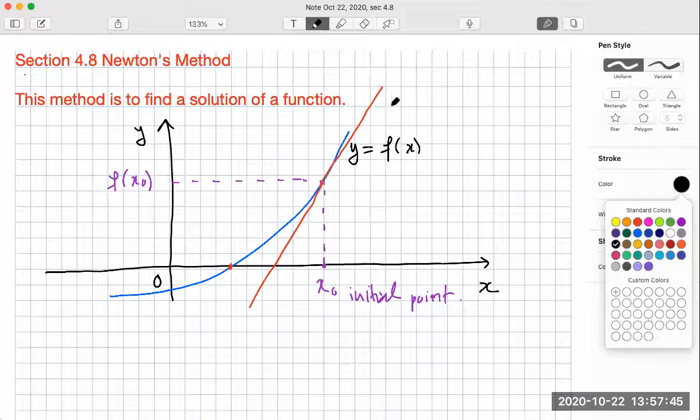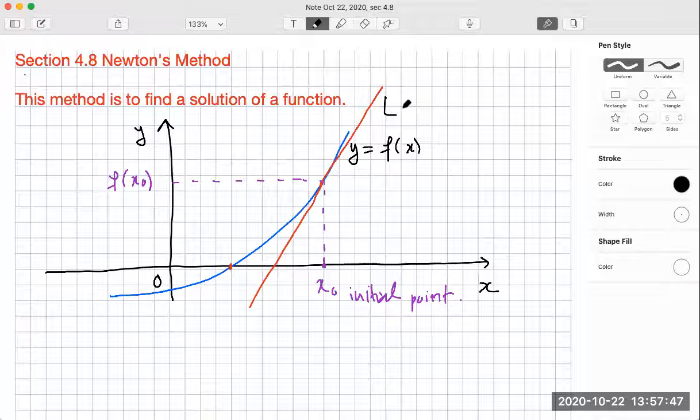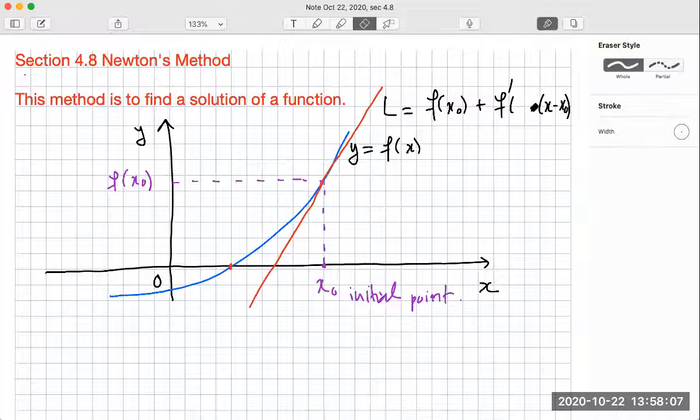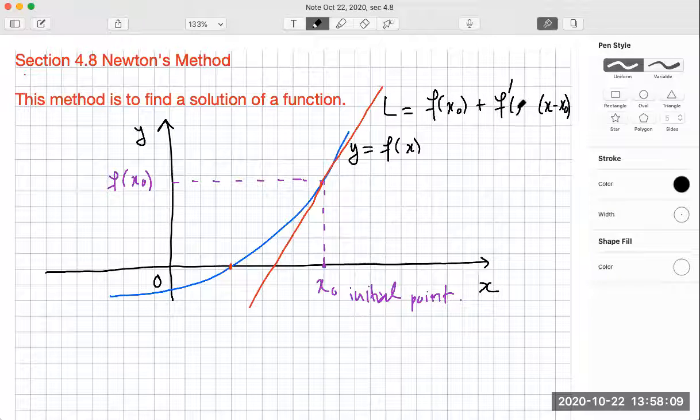Okay, and from linear approximation, let us call it L, which is f of x0 plus, do you remember? Can you remind me here? What is it here? f prime at x0, right? Very good. Great.